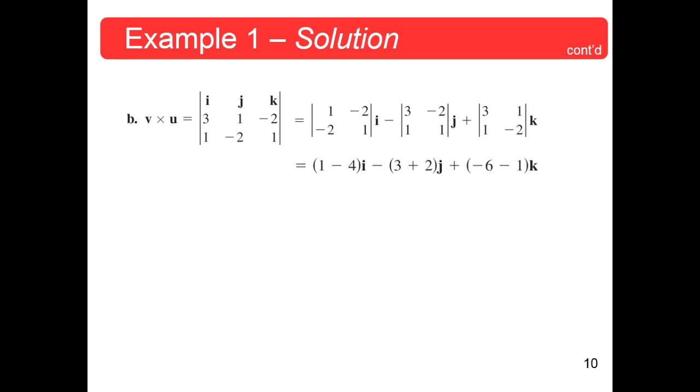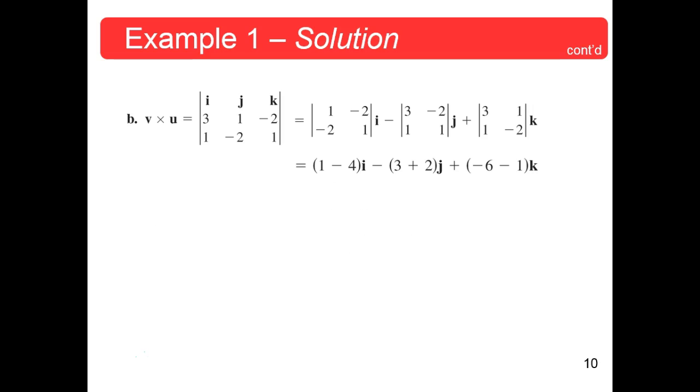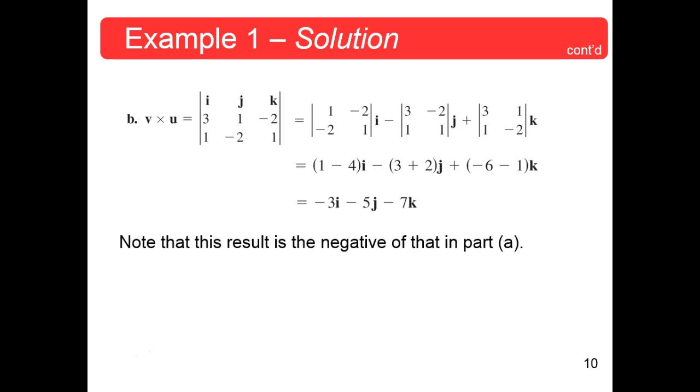And then when you did that, that's 1 minus 4, i, minus a 3 plus 2, j, plus a negative 6 minus 1, k. When you add those together, or subtract them, whatever, negative 3i minus 5j minus 7k, which is exactly the negative of u cross v. Exactly, precisely, identically the negative of that.